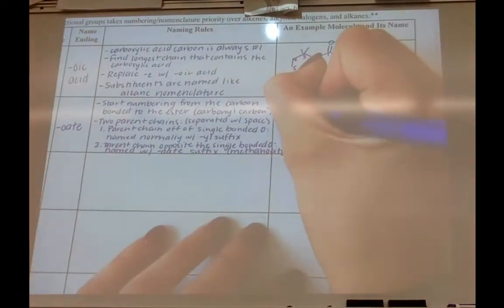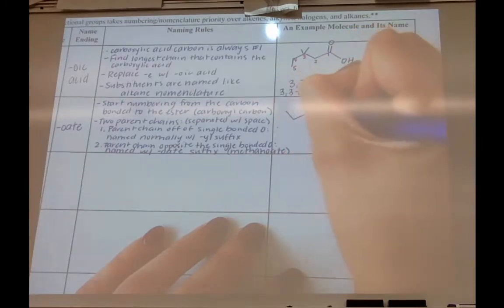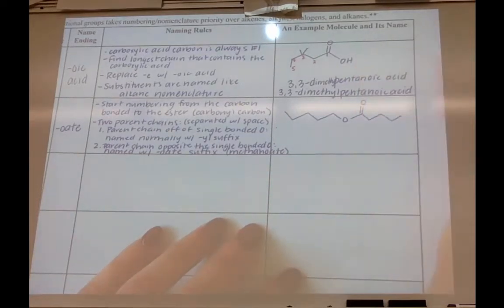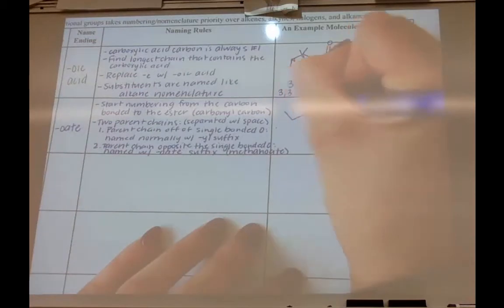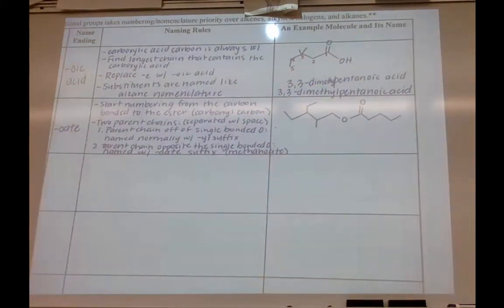Let's see if I can draw this. So I did this, carbonyl. And then I did a couple substituents just so you could practice looking at those substituents as well.